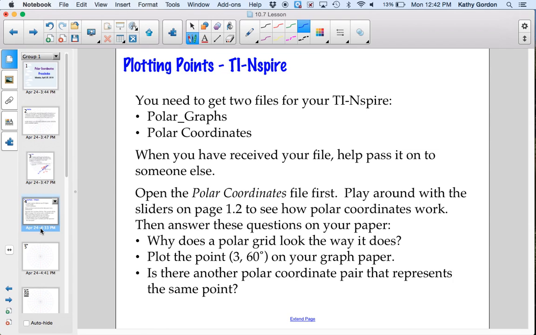On page 1.3, are we supposed to do anything? We haven't. No, in 1.3 something has already been done.